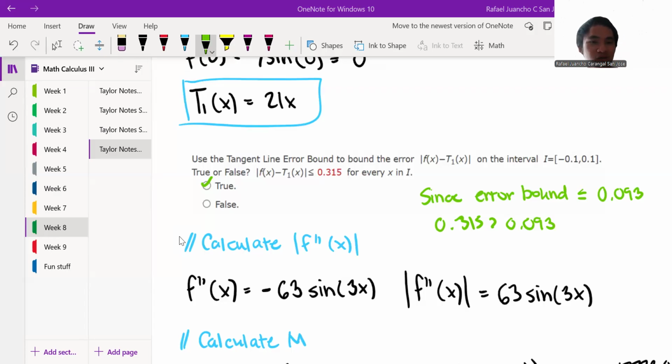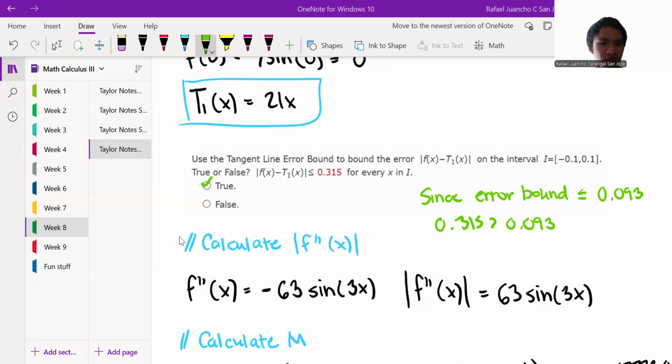I'm gonna come back though. I'm gonna stop the video after this problem. 0.315. This one's higher. Yeah, so it's around 0.03. Yeah, it's true. I would say it's true. I'm a bit confident that we got that.